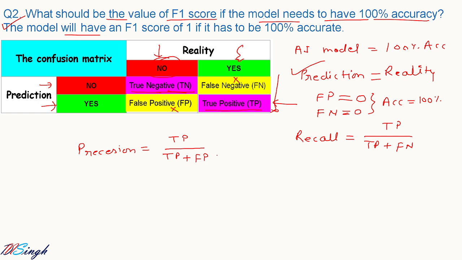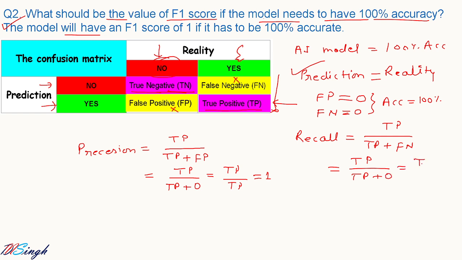Now we put these values inside these formulas. So what should I have here? TP upon TP plus FP, where the FP value is 0, and that is going to convert to TP by TP, and TP by TP will be equal to 1. The same case will happen with the recall also. Here you have TP plus FN, where FN is 0.